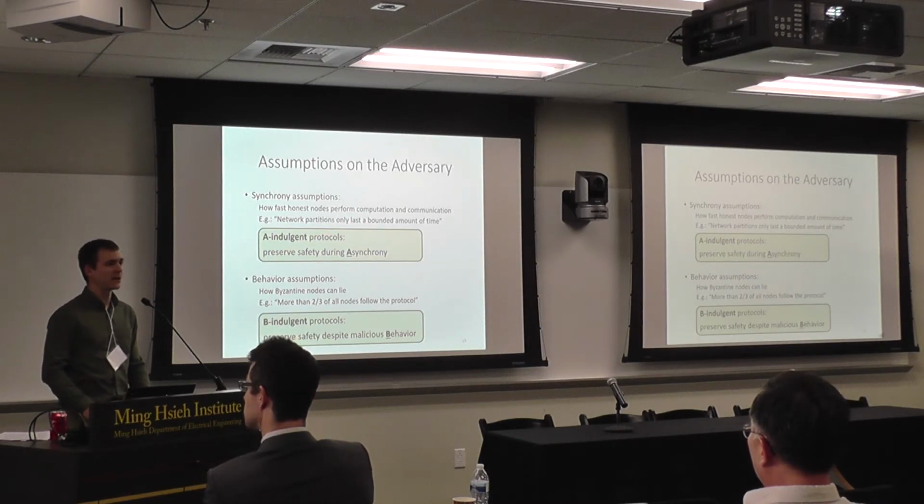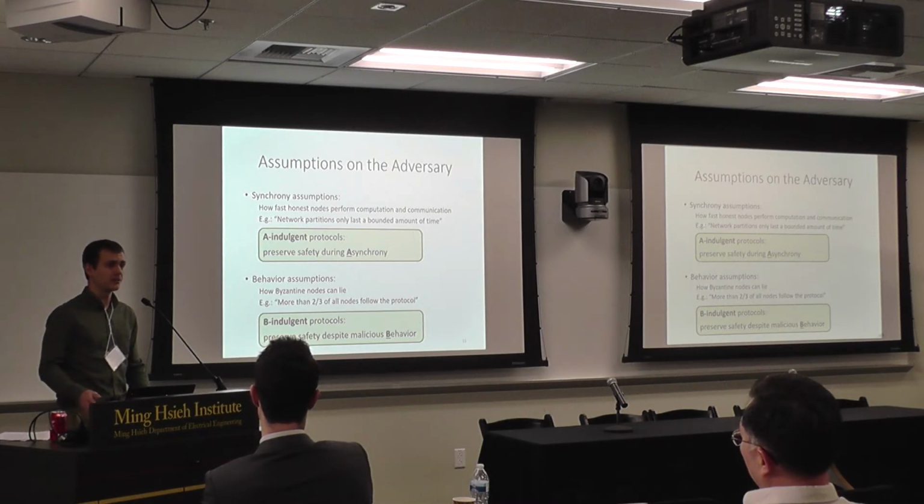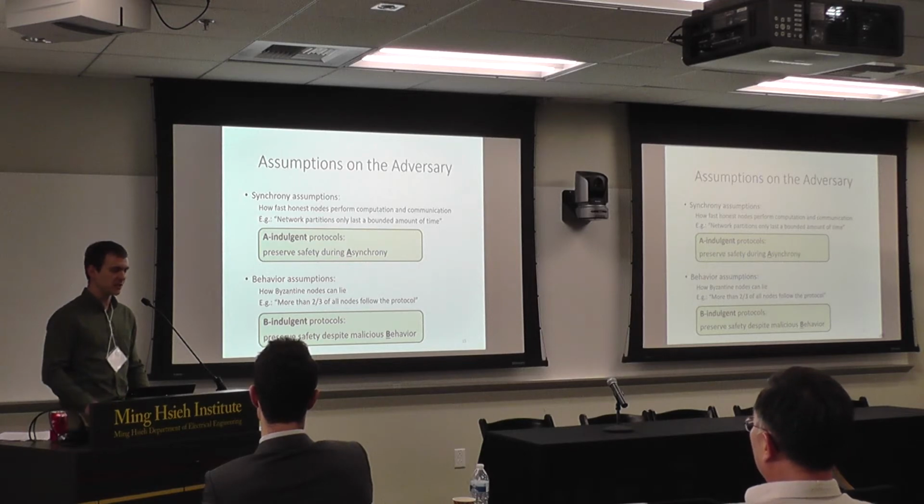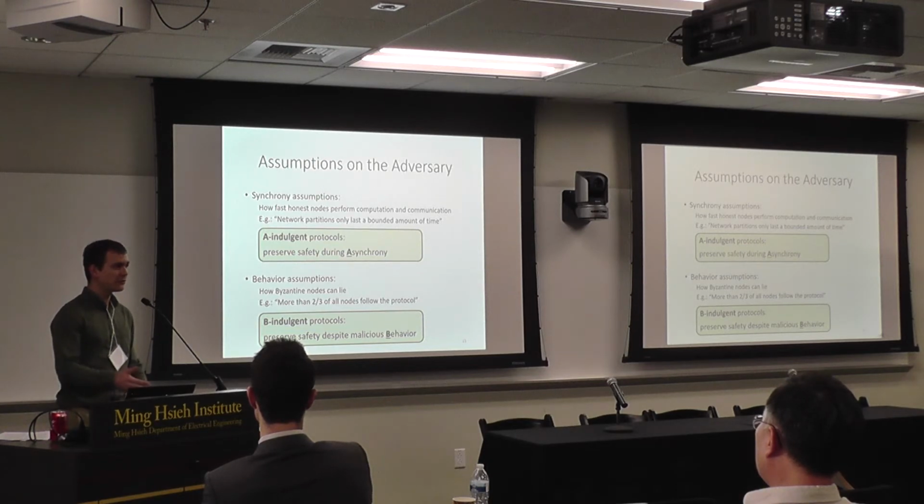The other kind of protocols is B-indulgent protocols, which on the other hand preserve safety despite a lot of malicious behavior in the system. Now, we don't necessarily claim that these are exclusive, as we will see later.